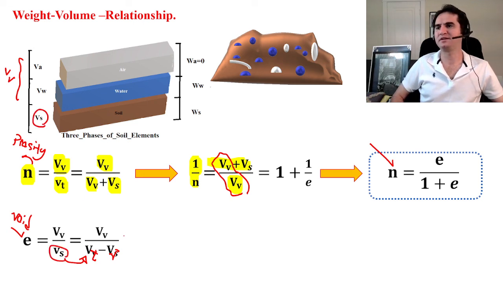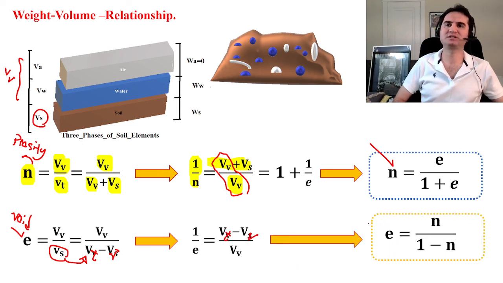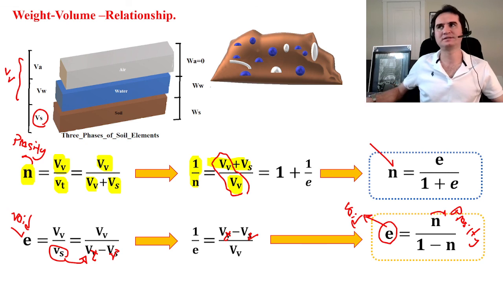And if you reverse the process, that's again volume of total minus volume of void. And it gives you void ratio as n, porosity, over 1 minus porosity. That's how we can convert these relations to each other.